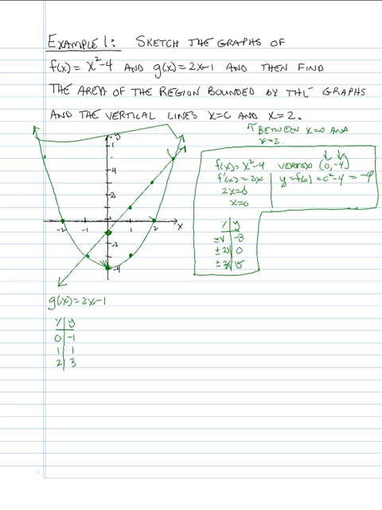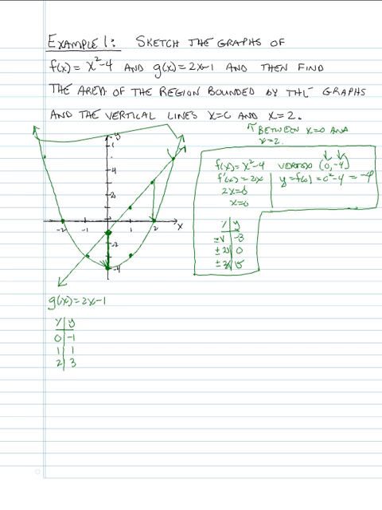Now, what we're supposed to do, we've got our 2 graphs. Now we'll find the area of the region bounded by those 2 graphs and the vertical lines x equals 0 and x equal 2. Well, now x equals 0 is right here, isn't it? And x equal 2 would be the vertical line that would go right along here.